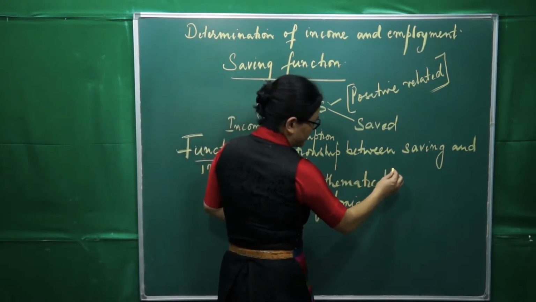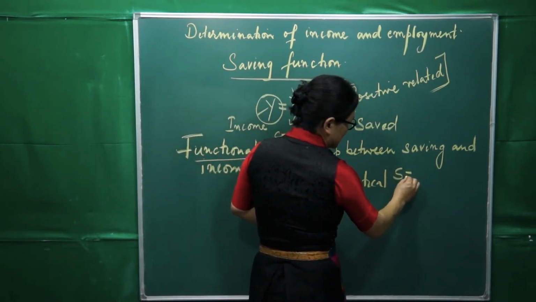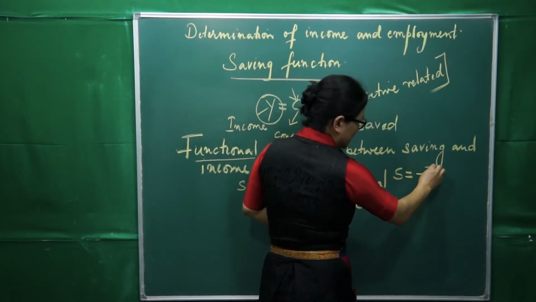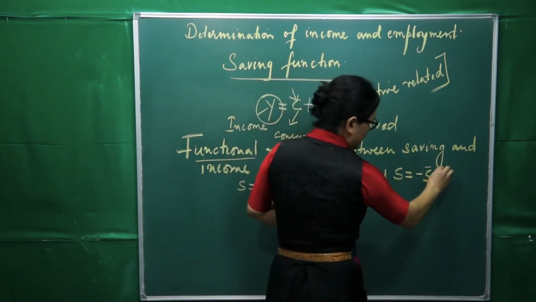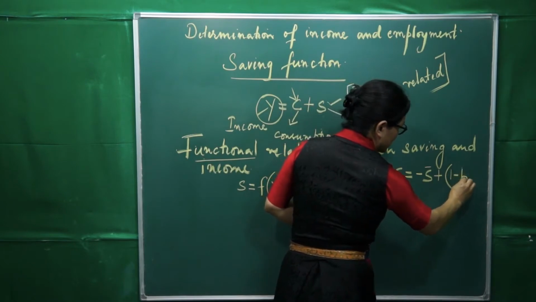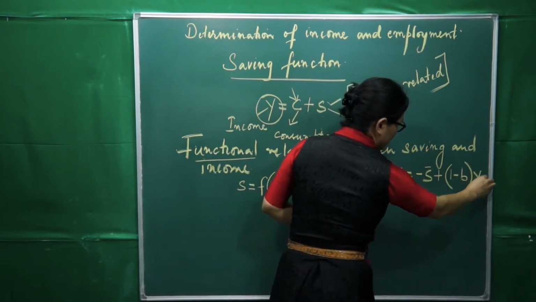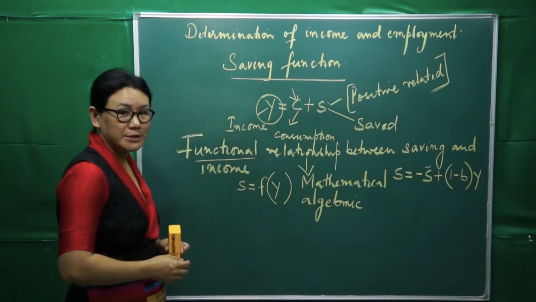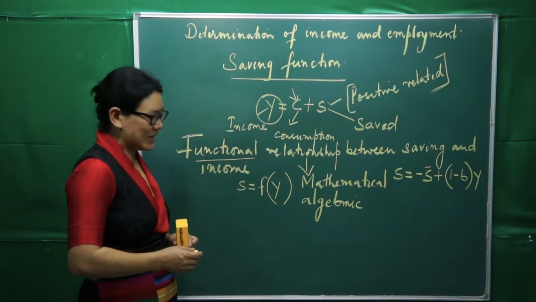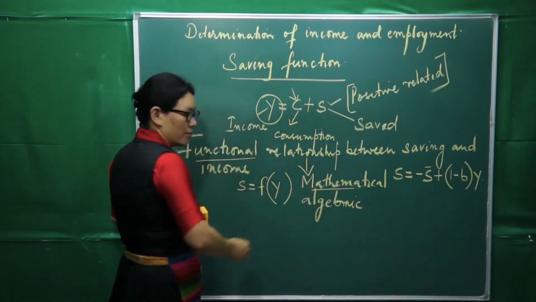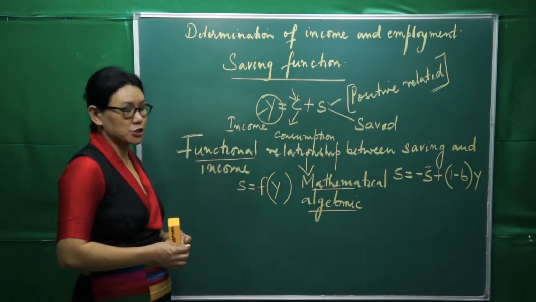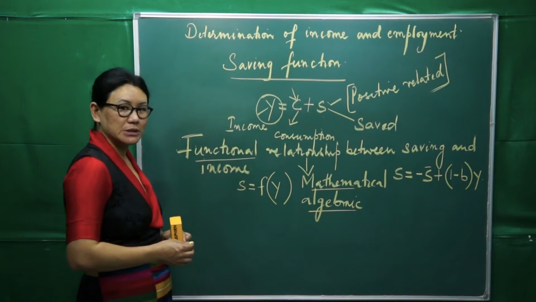It is S equals negative S-bar plus (1 minus b) Y. We are expressing it in this form, the mathematical or algebraic presentation of the saving function.